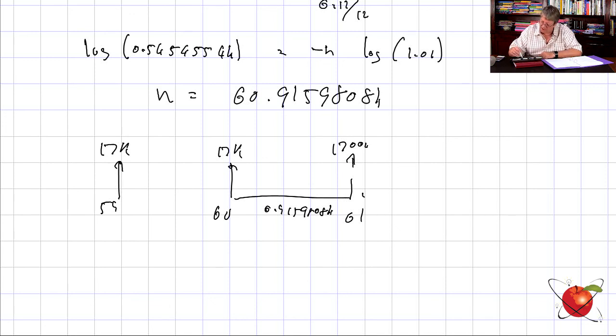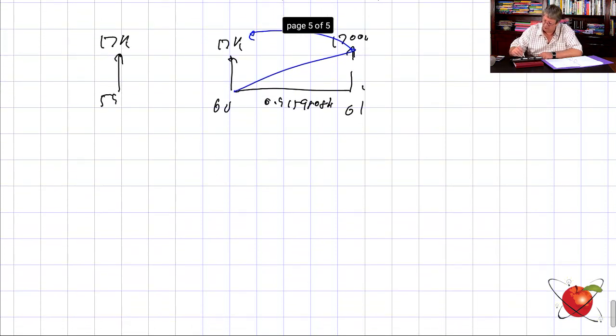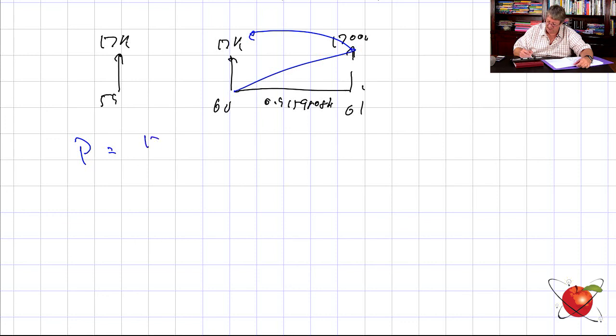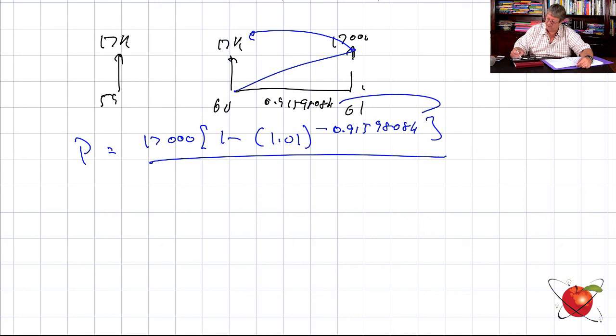What do I do with this? I then say, right, I have to bring you back as an annuity. Therefore, I put you in and I say, to bring you back, P of that is 17,000 times 1 minus 1.01 to the minus 0.915988084. Correct? That's that number there.